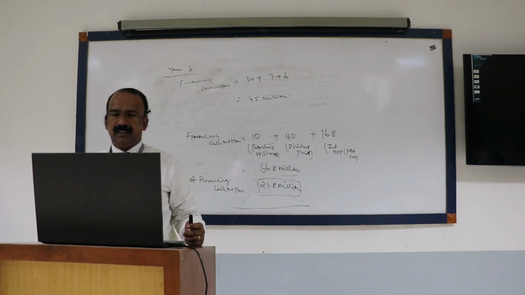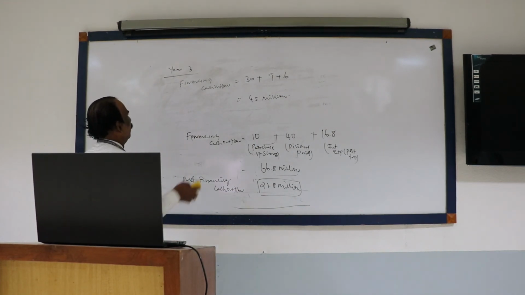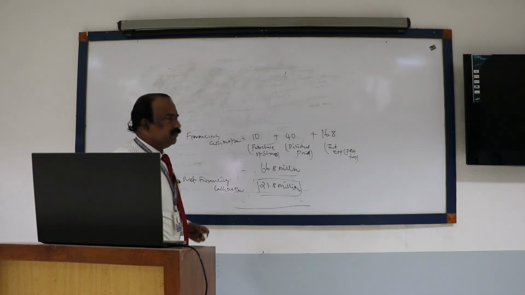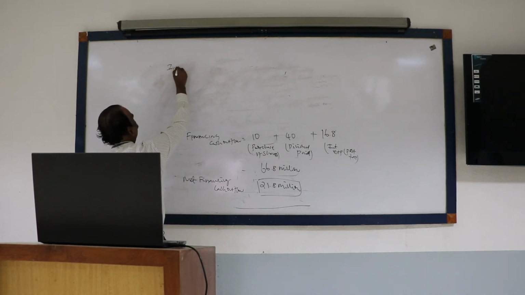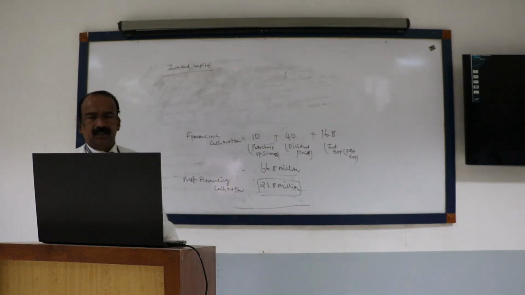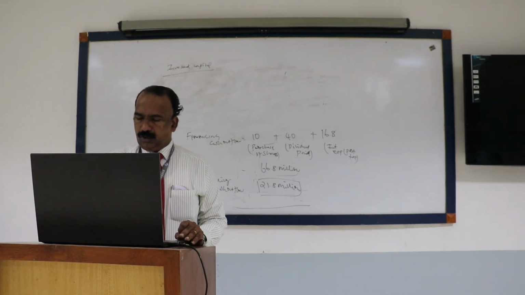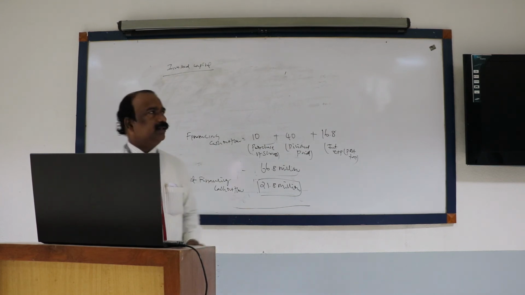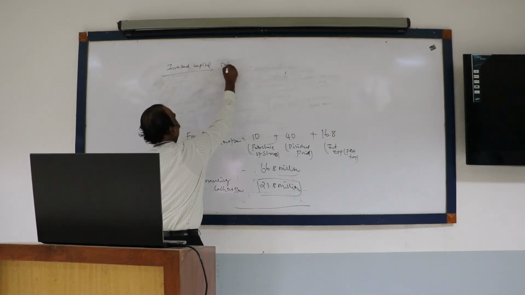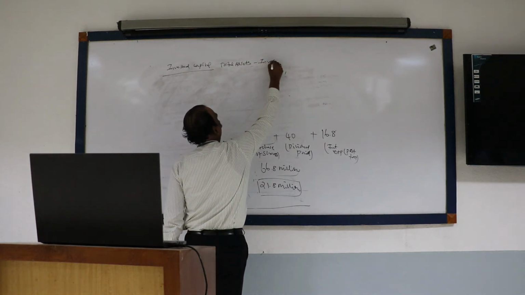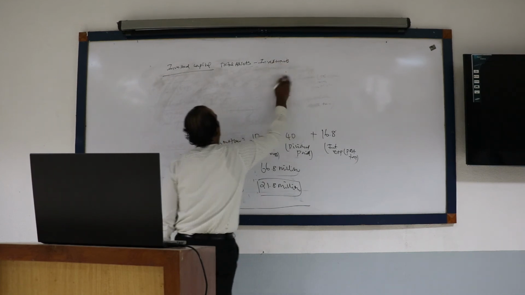For the second year, total assets is 450 minus investments 90.